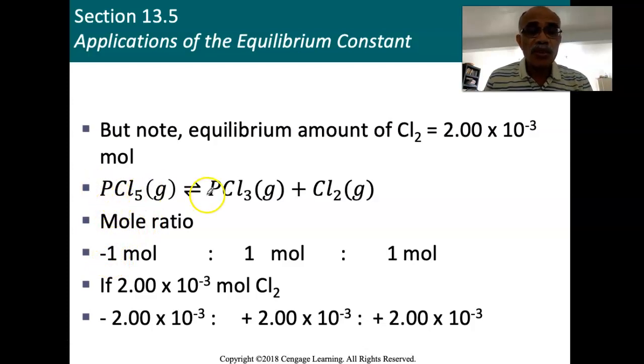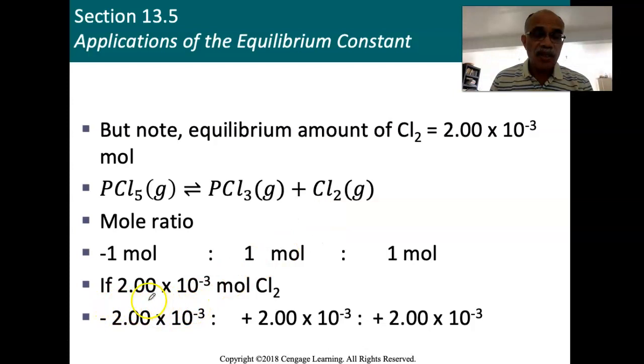Because it is a 1 to 1 to 1 mole ratio, we can say this: if 1 mole of this is consumed, that means 1 mole of that will be formed, and 1 mole of this will be formed. Notice that if 1 mole is consumed or taken away, here you expect it to increase by 1 mole, and this one also by 1 mole. So this is the setup. Minus 1 mole, you expect plus 1 mole for this, and plus 1 mole for chlorine.